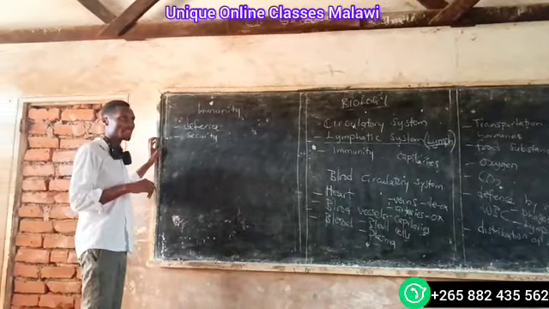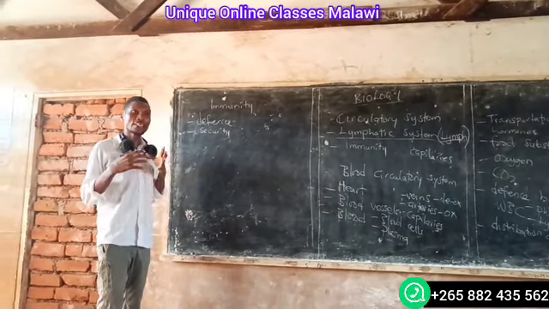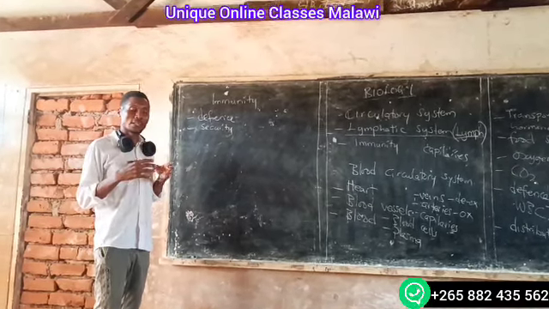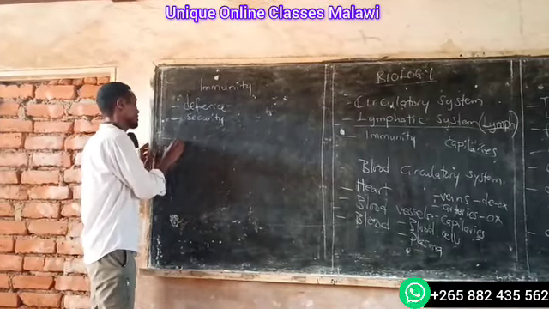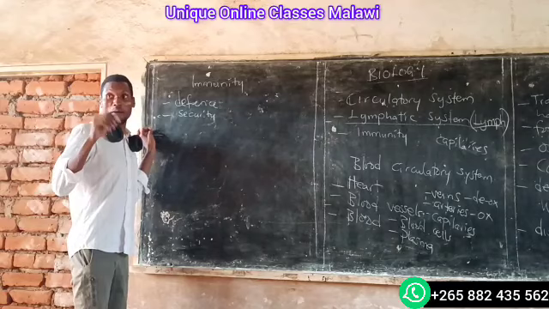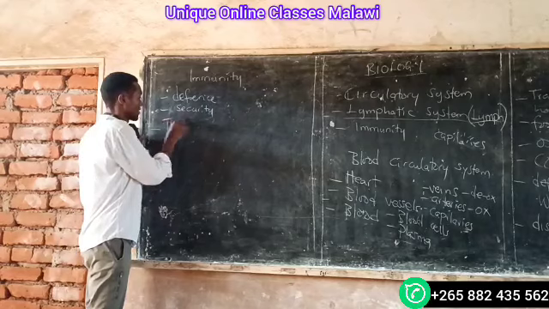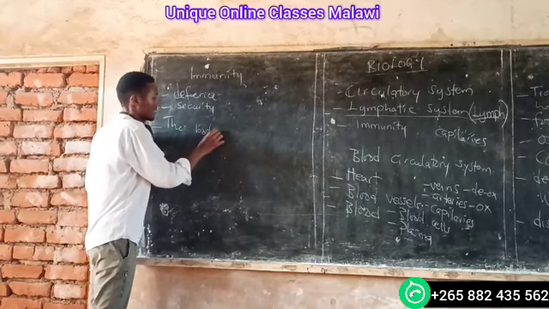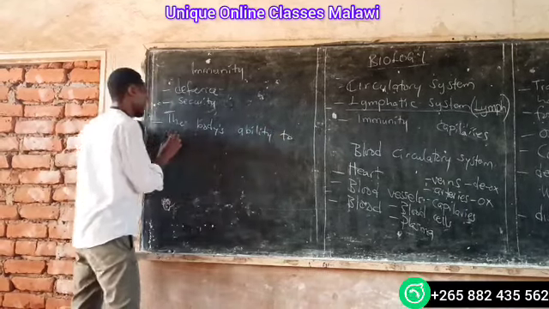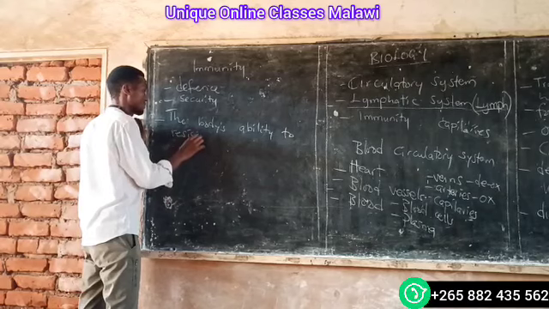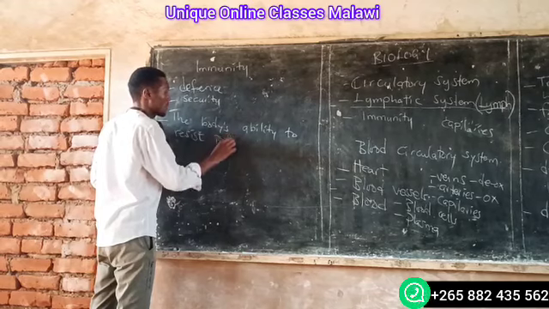When we say the body is now immune to a certain kind of pathogen or a certain kind of disease, what we're trying to say is that it has developed a resistance against pathogen attack. So immunity is simply the body's ability to resist pathogens.